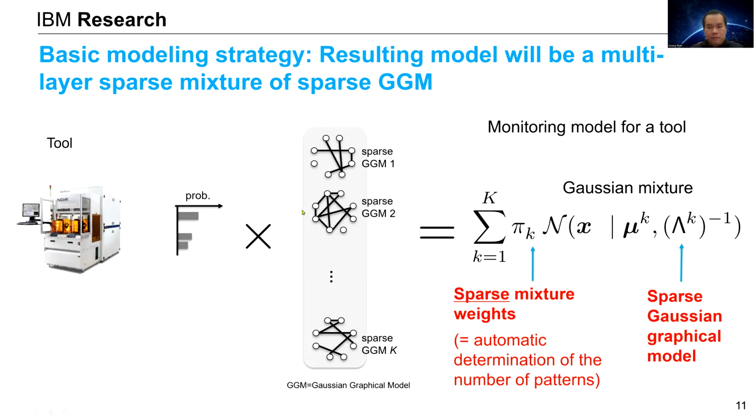So let's recap our novel technique here. We take the sparse graphical model as the basic building block. So we learn a set of graphical models, and then we decide the mixture weight for each component. And we impose both sparsity on the mixture weight and the graphical model.